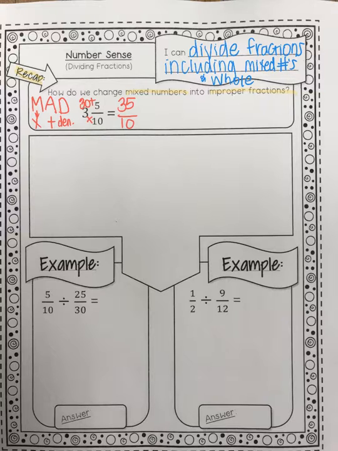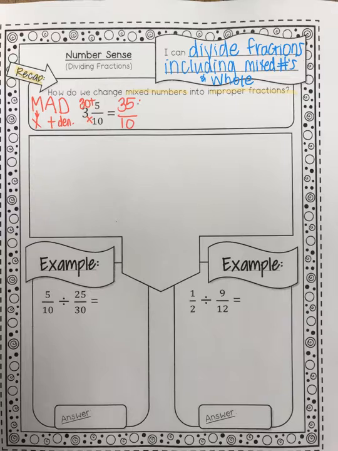Now answer me this very quickly. Is this a simplified improper fraction? Can you simplify before you start dividing your fractions? Yeah, it'll actually save you some steps because you don't need common denominators when you multiply and divide.